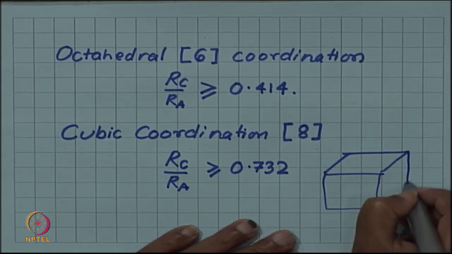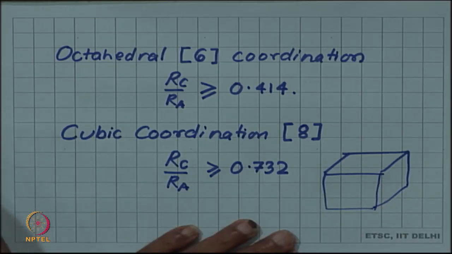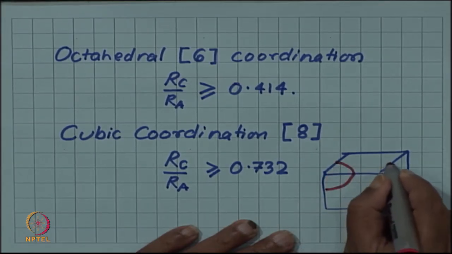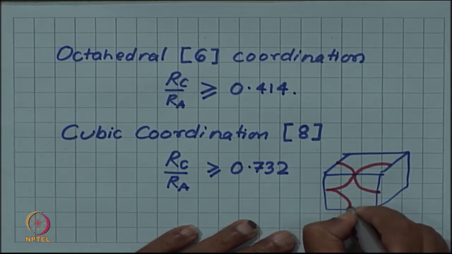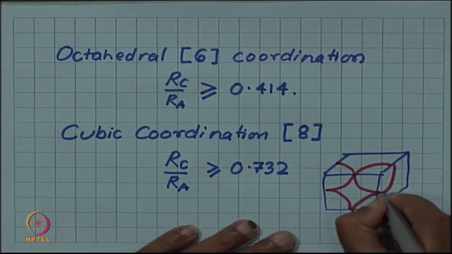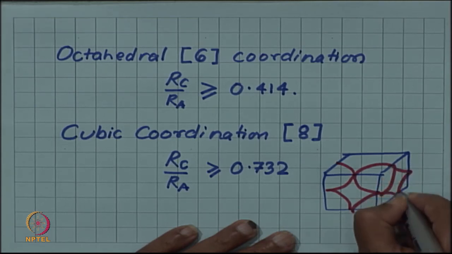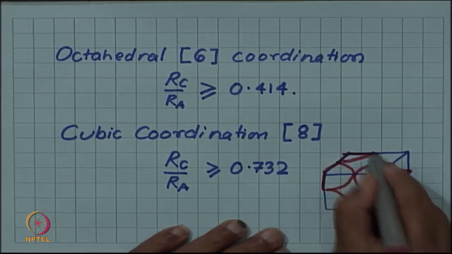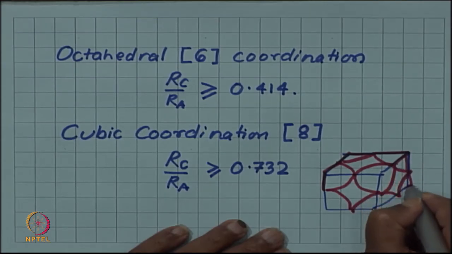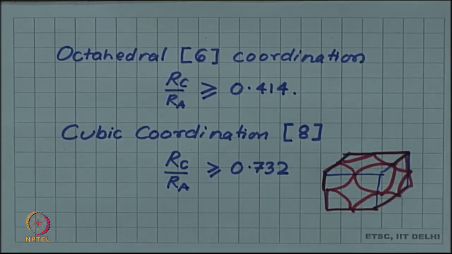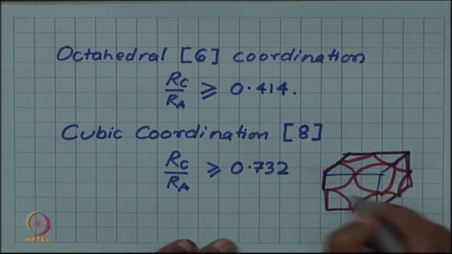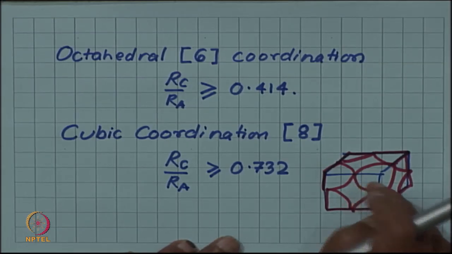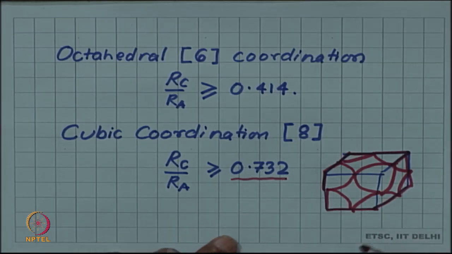We never discussed a simple cubic void, but you can imagine one, that if you make a cube and place atoms on all the corners of this cube, something like this, then what will be the largest sphere which will be able to fit in the cubic void that is at the center of the cube, and that number will come out to be 0.732.